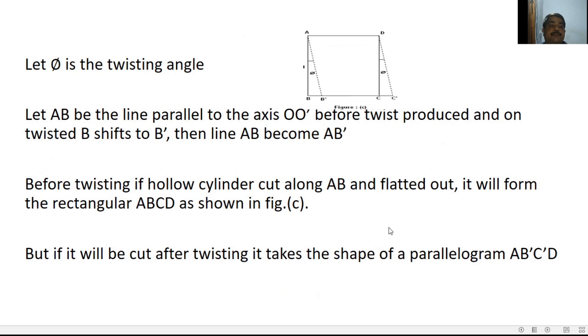Before twisting, if the hollow cylinder is cut along AB and flattened out, it will form a rectangle ABCD. But if it is cut after twisting, it takes the shape of a parallelogram A, B dash, C dash, D.